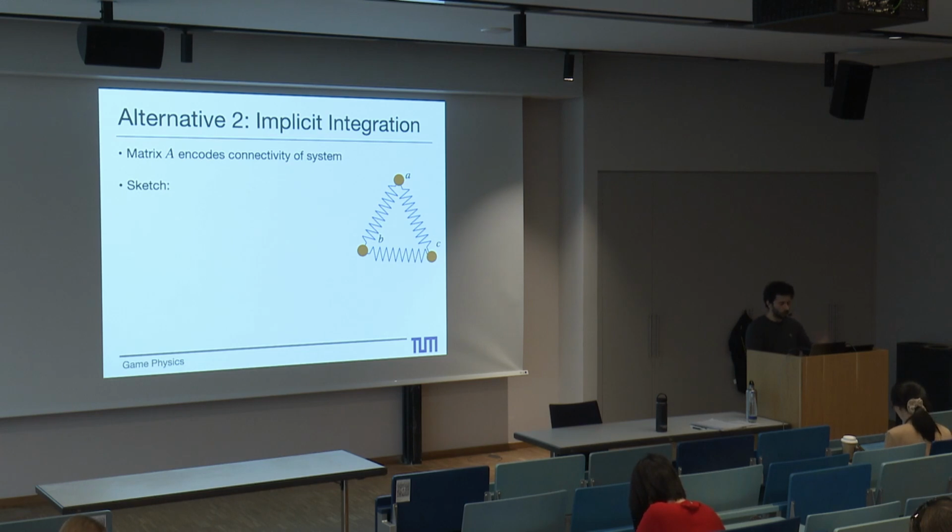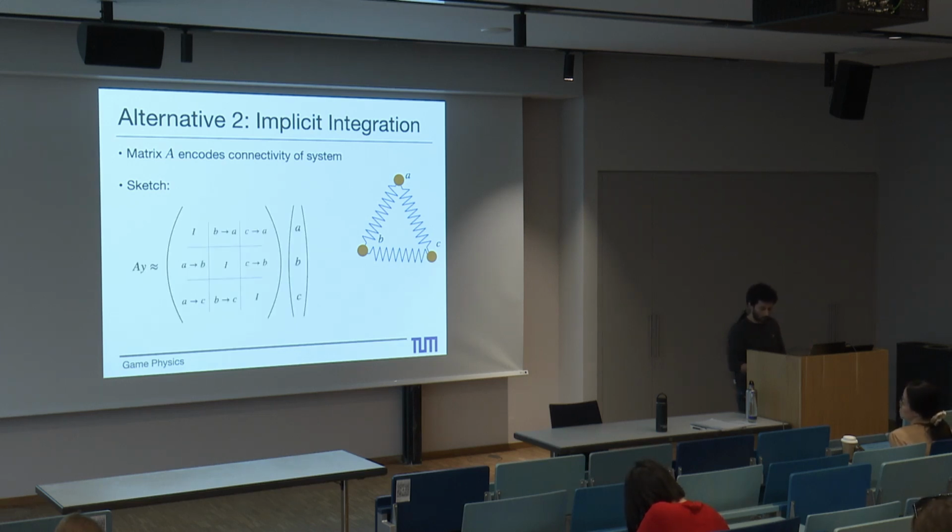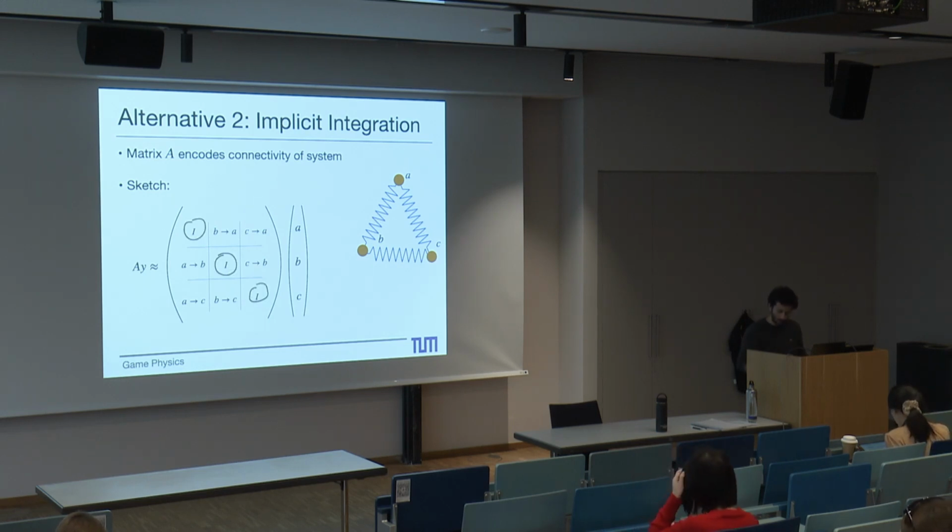So we can try to give a visual representation of how the matrix looks like, something like this. Of course, every point in our diagonal is going to be equal to the identity, because it's how the point is interacting with itself. So it just stays the same if there are no other forces.